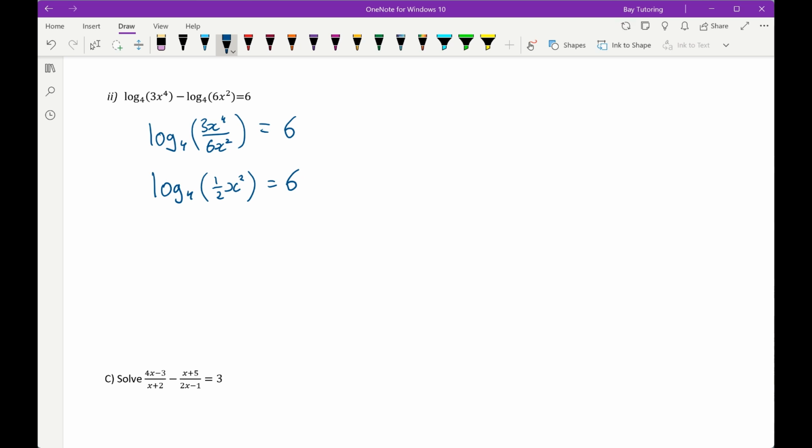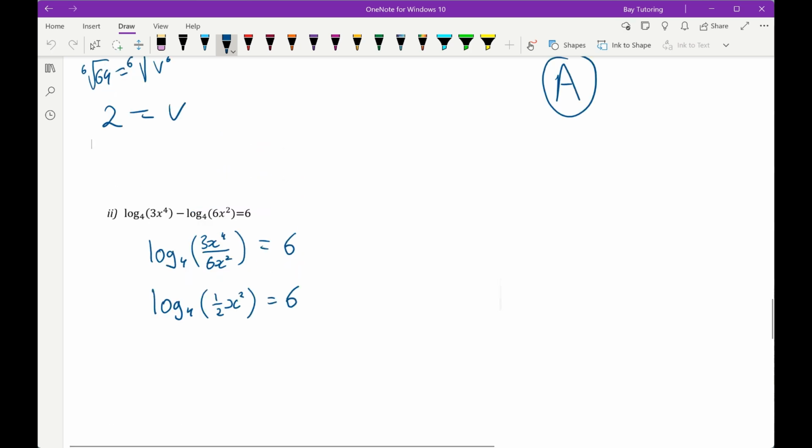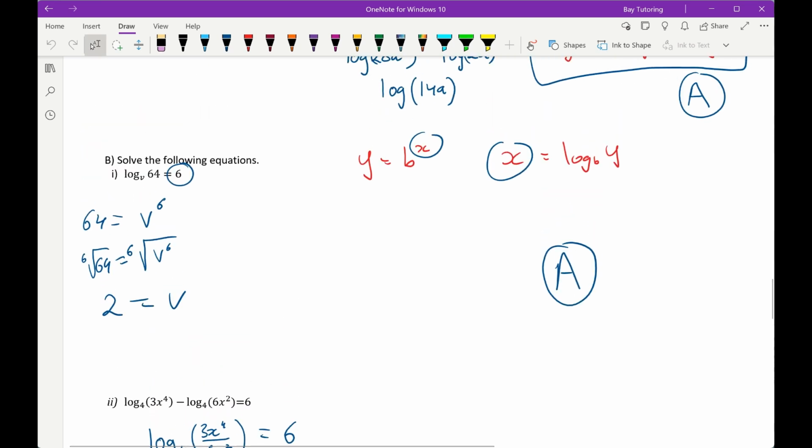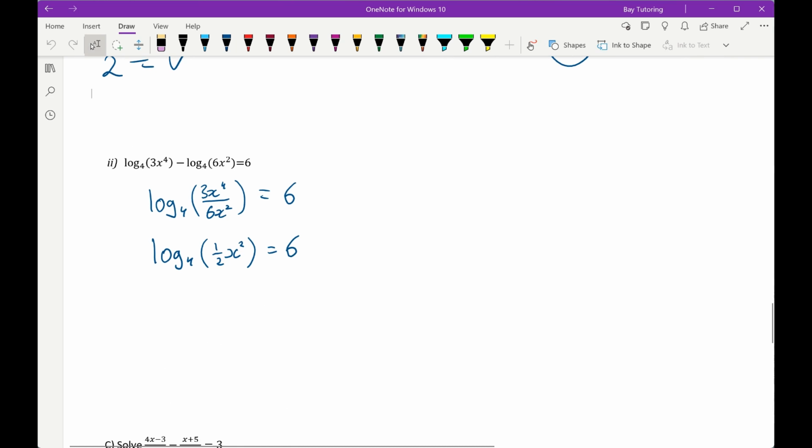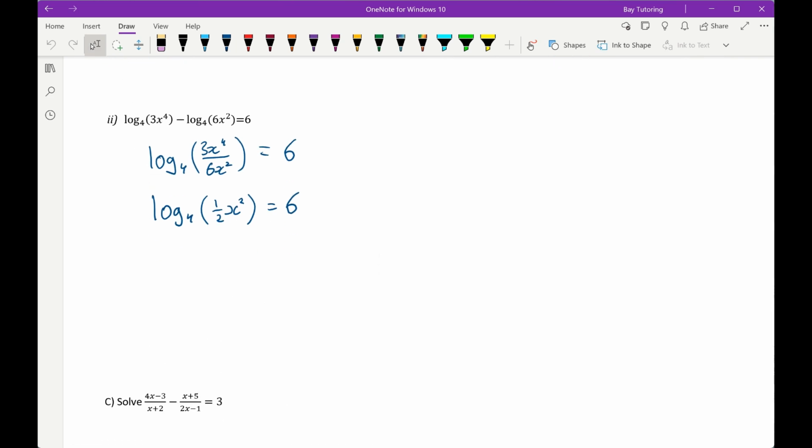So again, we're going to want to rewrite this. And we'll use the same rule as we used in the previous question to do this. So I'll rewrite the log rule.